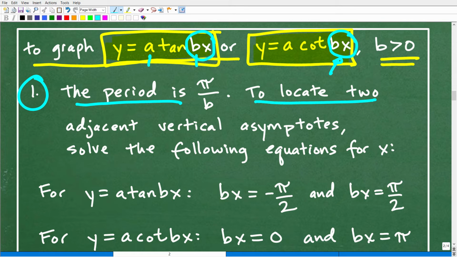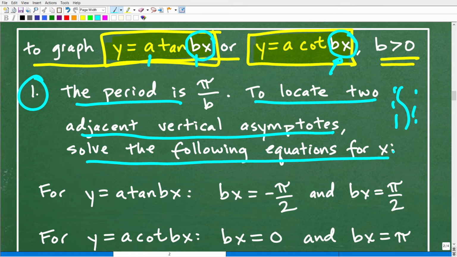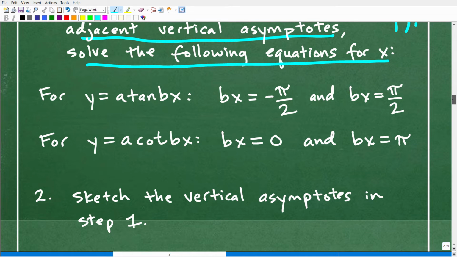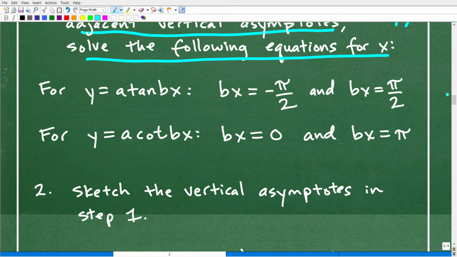And then to locate two adjacent vertical asymptotes, and of course we need to find those asymptotes because our graph is going to be between those asymptotes, we need to solve the following equations for x. Remember, we have a as a variable, b and x.